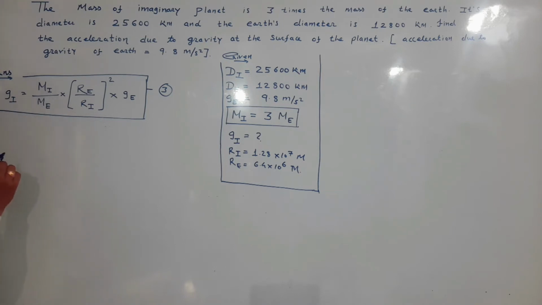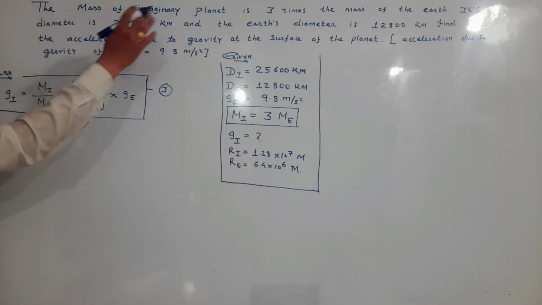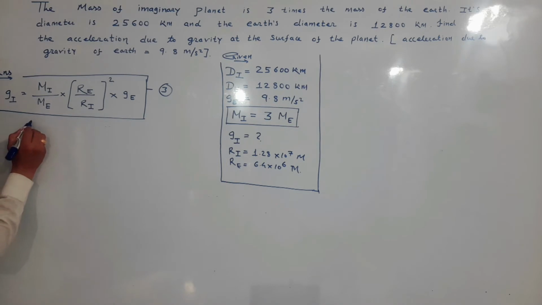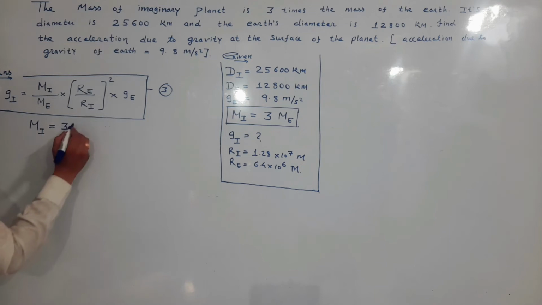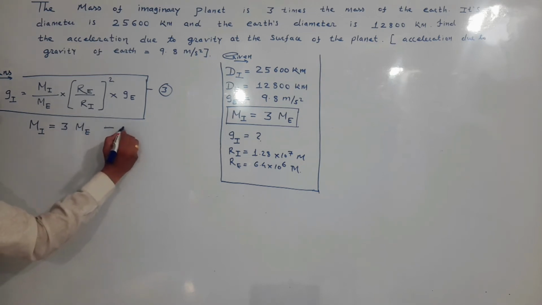But my dear student, here one situation is given, that is the mass of the imaginary planet Mi is equal to 3 times the mass of the earth Me. My dear student, this is given to us.